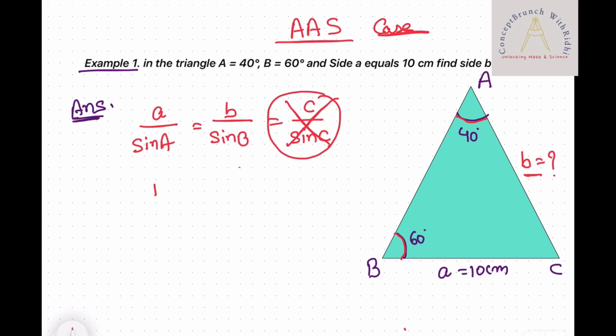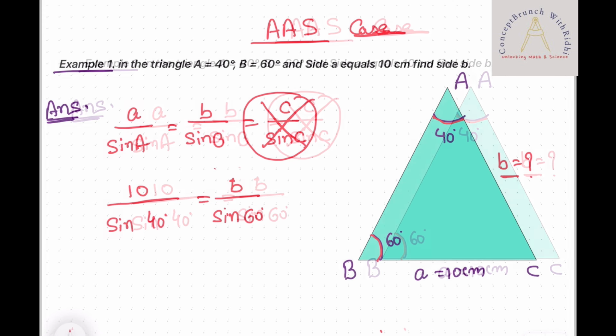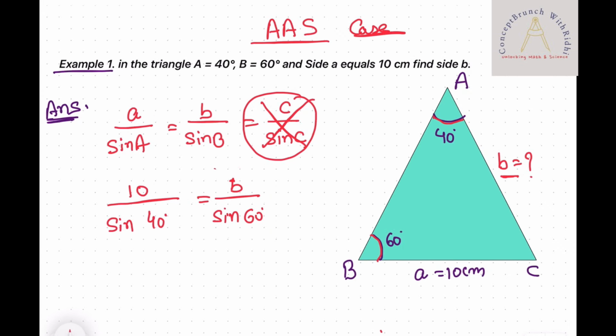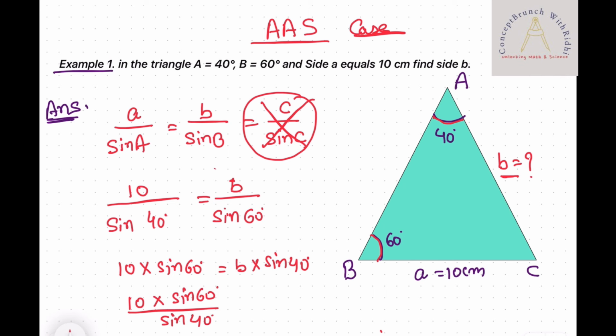So a is given as 10 centimeters, sine A is 40 degrees, equals b, which we don't know, over sine B, which is 60 degrees, correct? Let's do the cross multiplication. So we can write 10 times sine 60 equals b times sine 40 degrees, right? Divide by sine 40 on both sides. So 10 times sine 60 degrees divided by sine 40 degrees equals b.